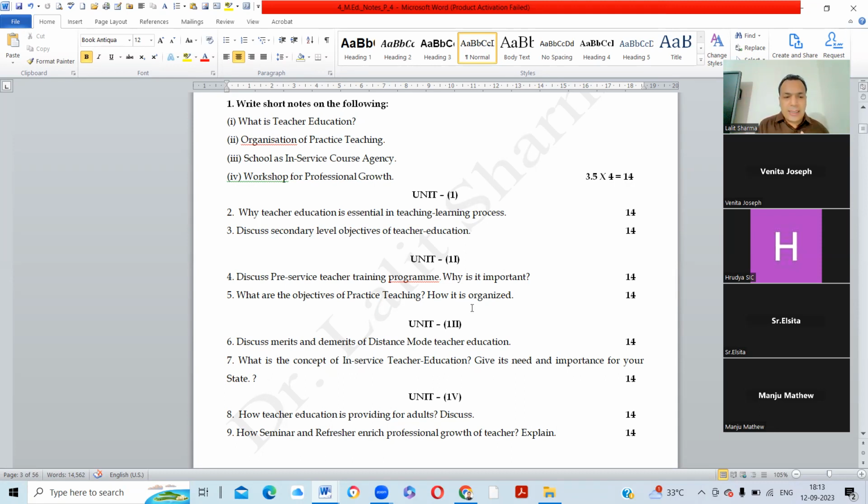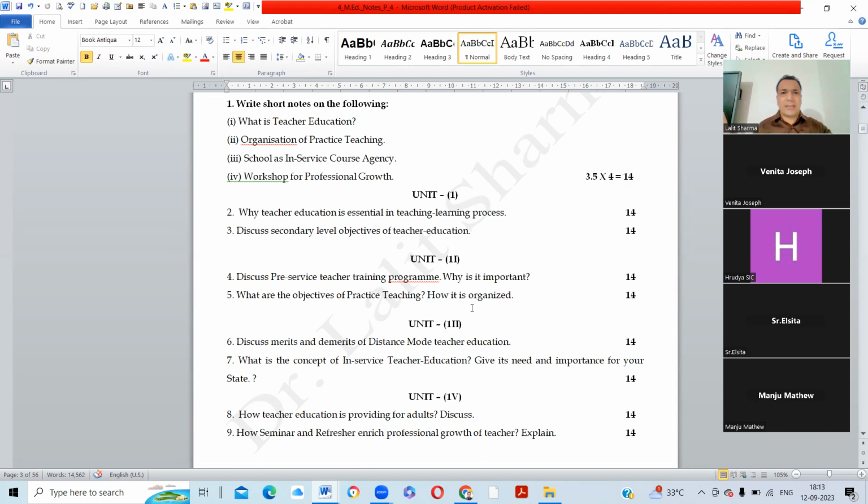Unit 3, discuss merits and demerits of distance mode teacher education; and what is the concept of in-service teacher education, give its need and importance for your state. Unit 4, how teacher education is provided for adults, discuss. And last, how seminar and refresher enrich the professional growth of teachers.